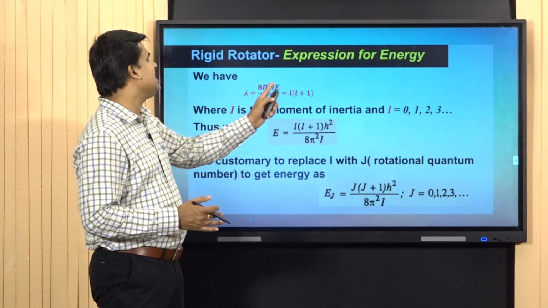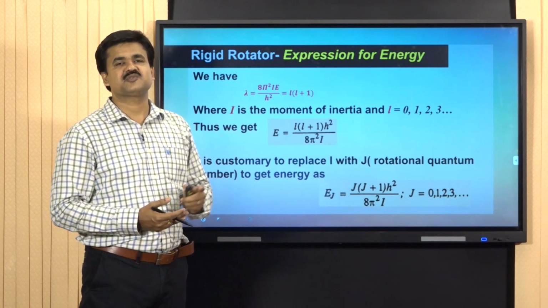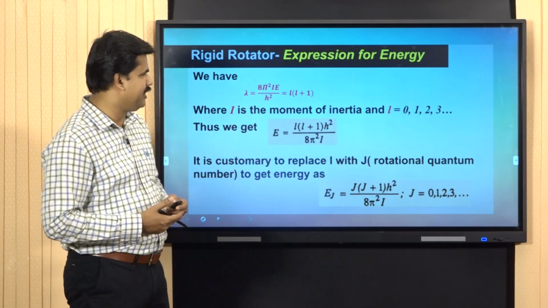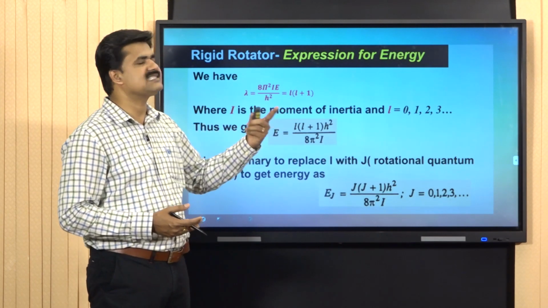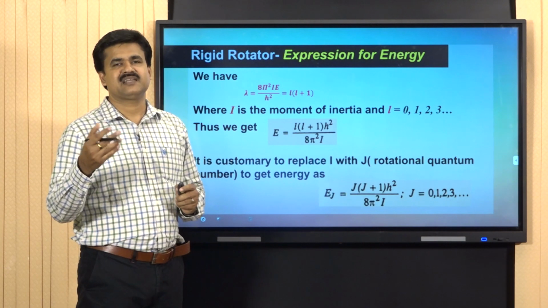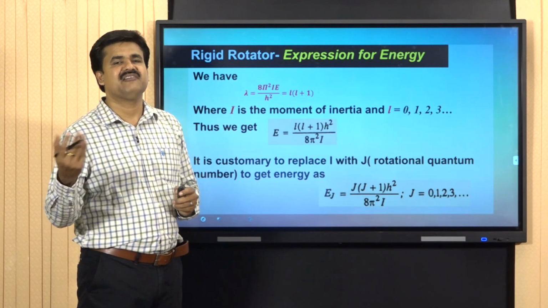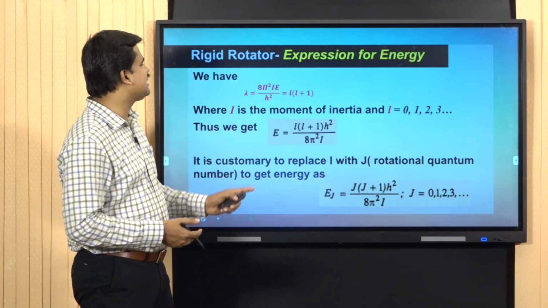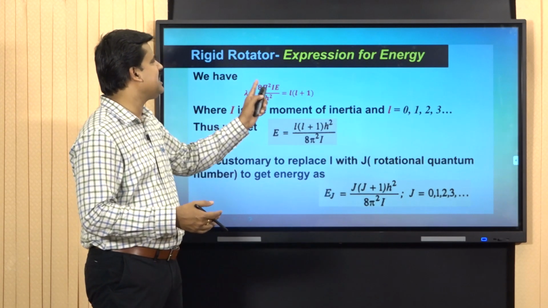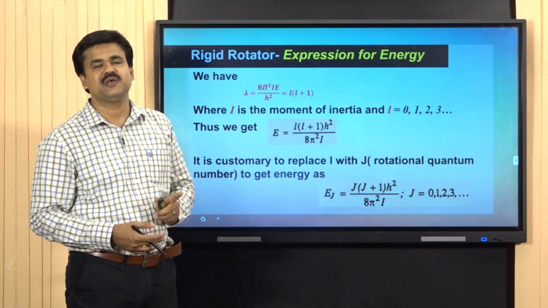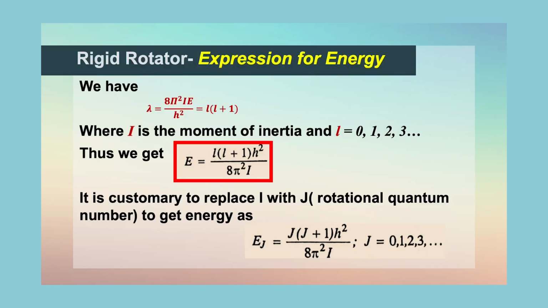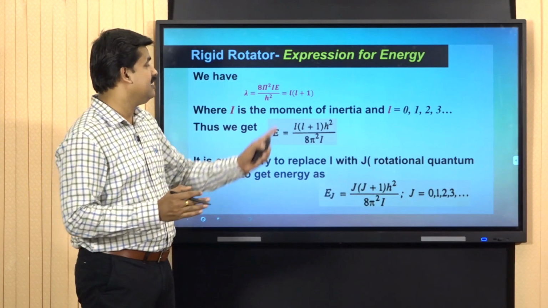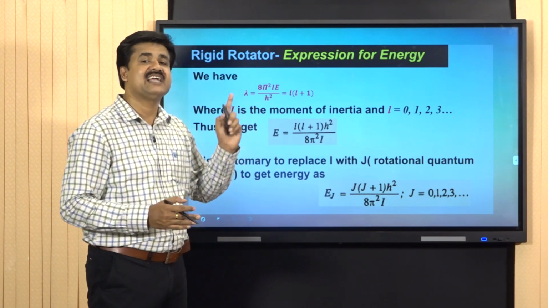Hence 8 pi square I E by h square equals L into L plus 1, where capital I represents the moment of inertia and L is a constant ranging over 0, 1, 2, 3, etc., having whole number values. Thus, on rearranging, we get energy equal to L into L plus 1 h square divided by 8 pi square I.